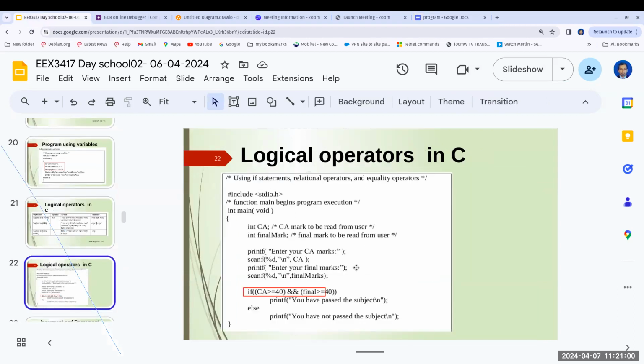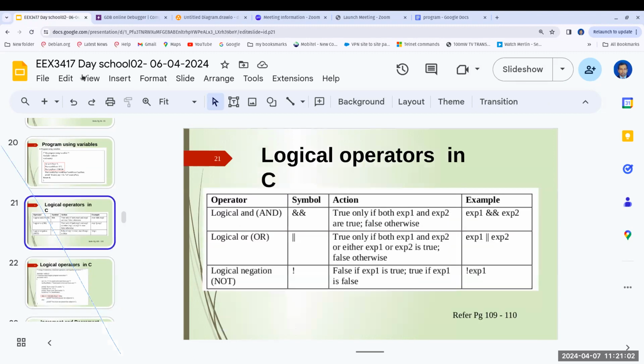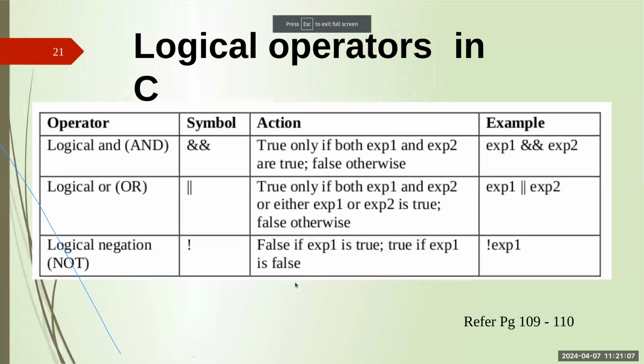The other thing is logical operators in C. These are the symbols. Logical AND: both should be true. Logical OR: if either one is true, it will be true.